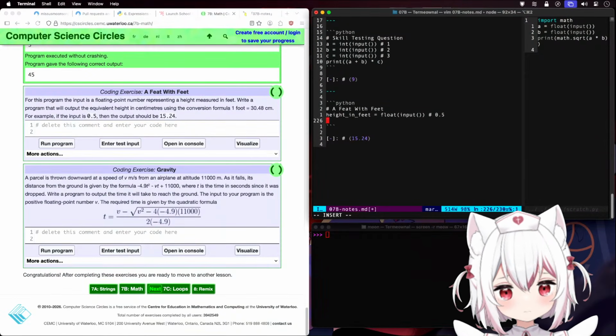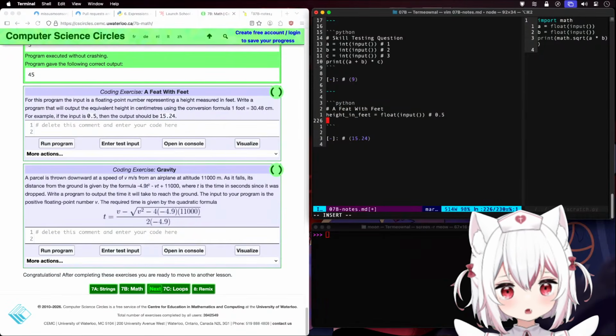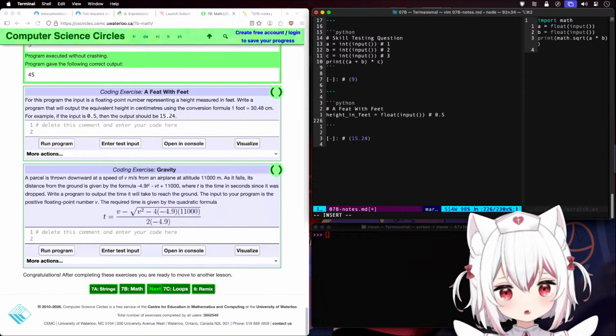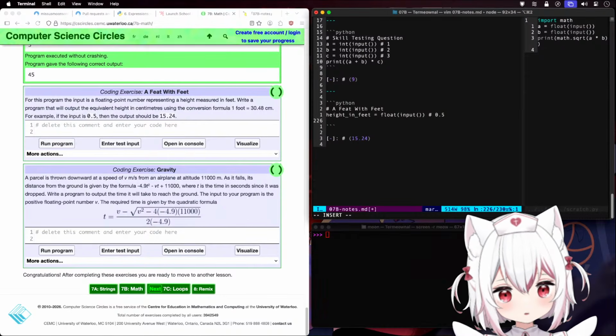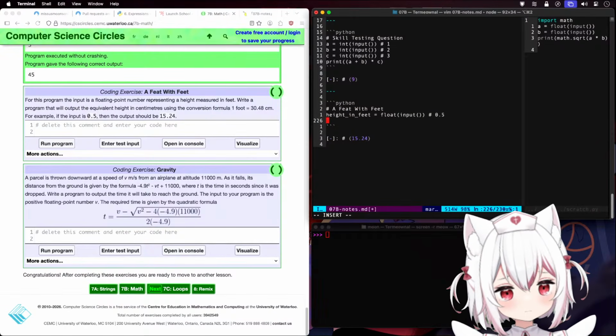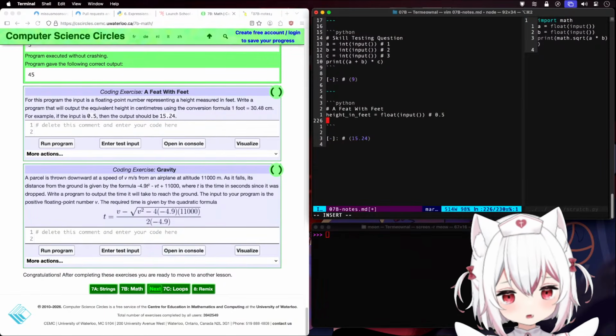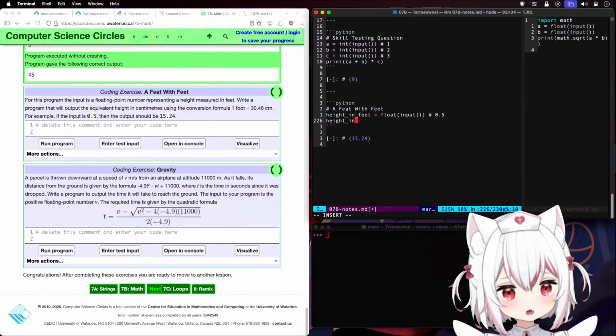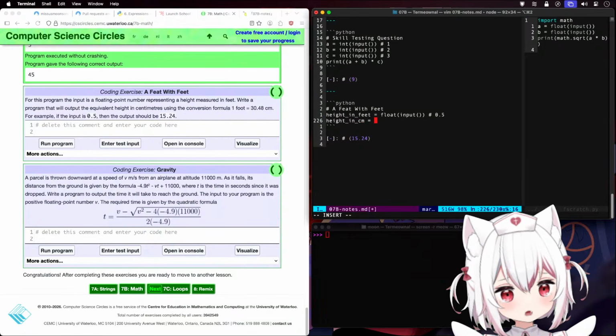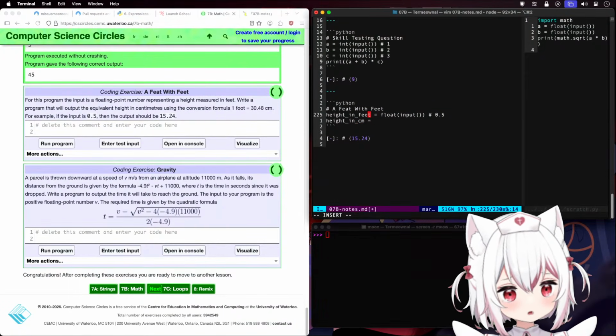Okay, let's see. If 1 foot is 30.48 centimeters, then height in centimeters is equal to, what if I do it like this?